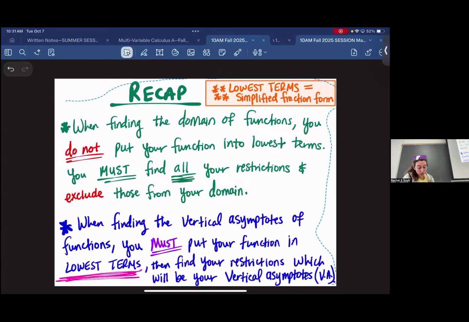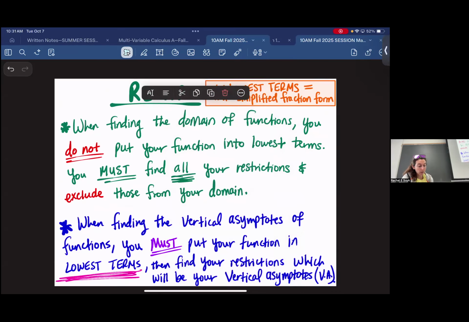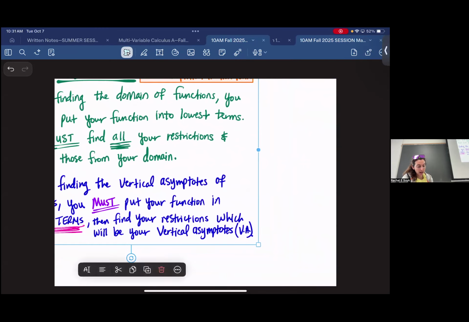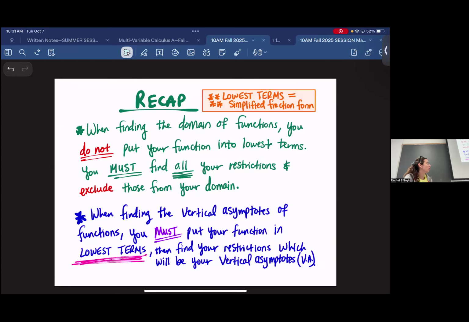But when you're analyzing your vertical asymptotes, it's slightly different. You actually want to put it into lowest terms first, and then once it's in lowest terms, then you want to go ahead and analyze what your restrictions are. So what values of x make that denominator equal to 0?